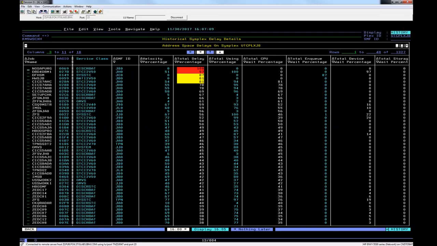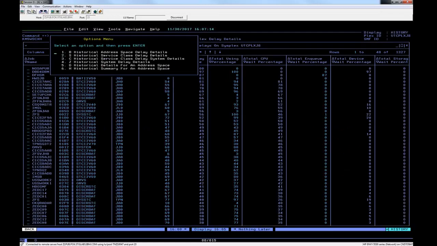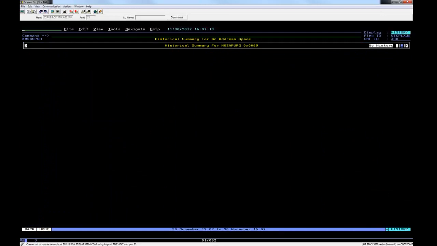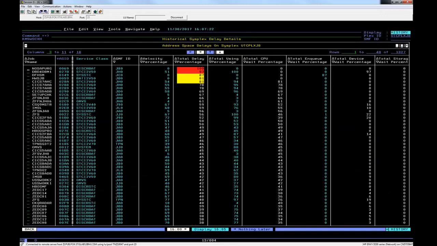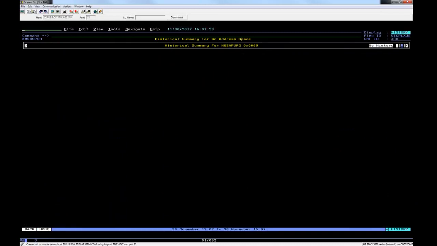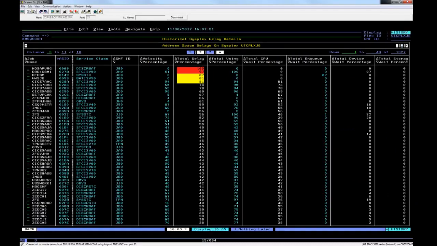Okay, hang on. I'll look at summary for an address space. The metrics I'm trying to get to are for memory objects across the entire system. So, let's have a look.